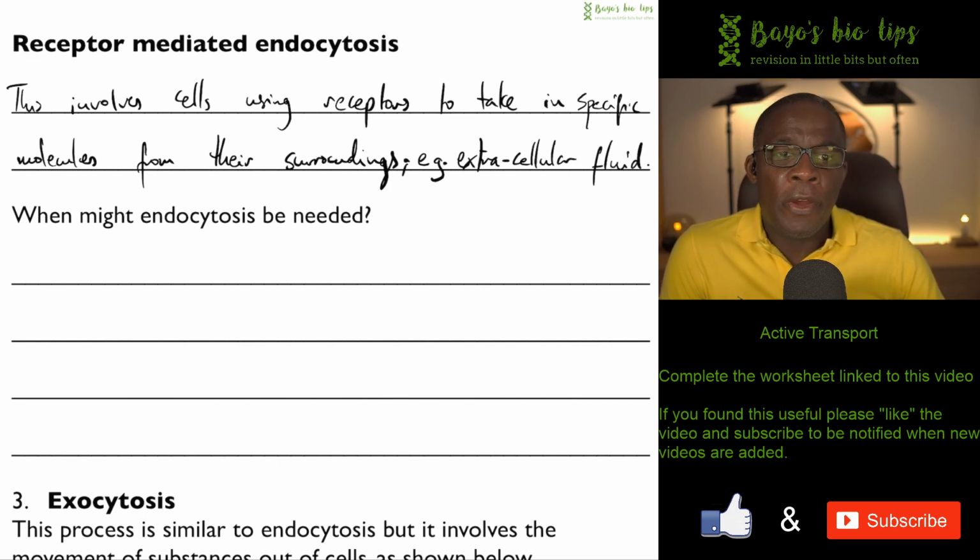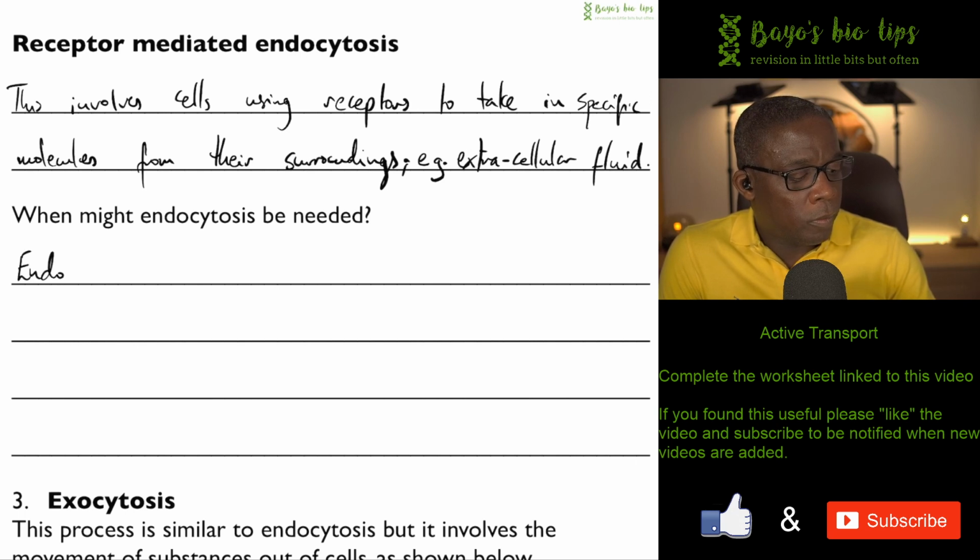This is very specific. It means that the cell can actually pick and choose what molecules it wants to take in, dependent on whether or not those molecules are complementary in shape, as I said earlier, to the receptors on the cell surface membranes. Okay, so when might endocytosis be needed?